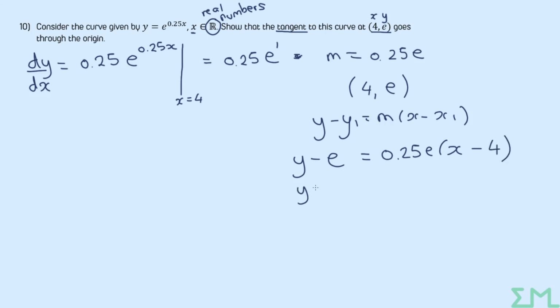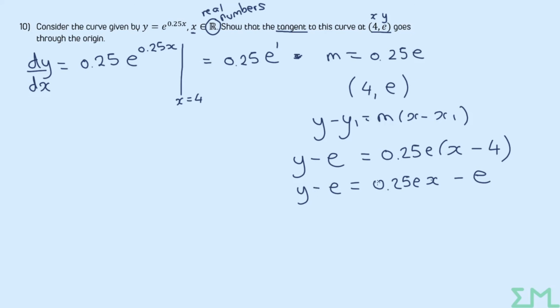Okay, so let's expand that out. y minus e equals 0.25ex minus e, because 0.25 lots times 4 is just 1. So we just get a minus e.